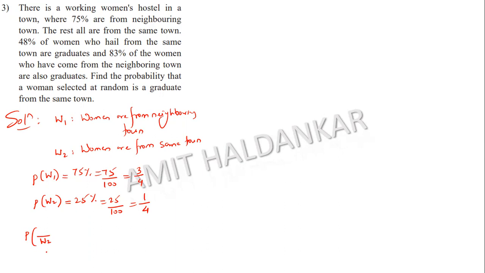And there is one more thing over here: 48% are graduates. So let me take one more event, G, that women are graduates. So the probability that the woman is a graduate, given that she is from the same town, is given to you as 48%, which is 48 upon 100.